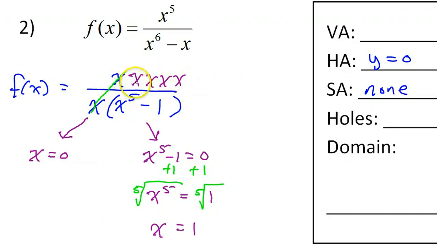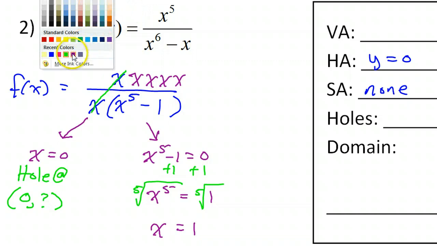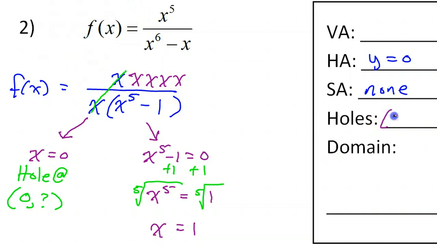So I'm still going to have x to the 4th power up there. But that cancels out. Now because it cancels out, that means instead of this being a vertical asymptote, this is going to give me a hole at 0 comma something. So I'm going to have a hole at 0 comma something. X equals 1, this didn't cancel out, so I do have a vertical asymptote at x equals 1.